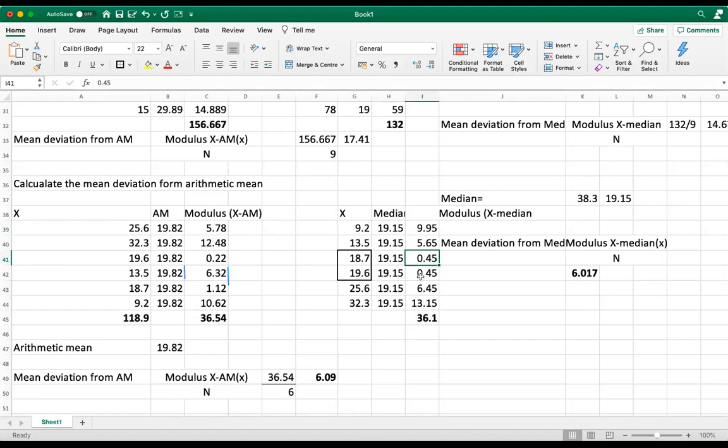I summated all the individual deviations, and then I averaged them, dividing by the number of observations. After summating, 36.1 was the answer, divided by the number of observations, which was 6. So I get the mean deviation from median as 6.017. Followed? Yes.